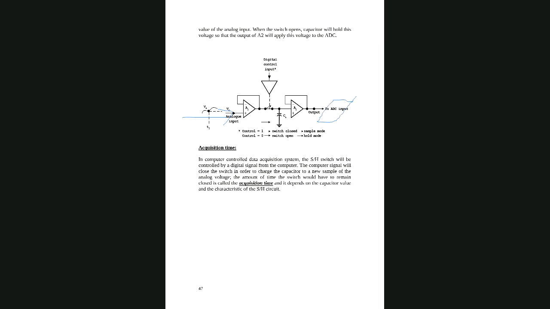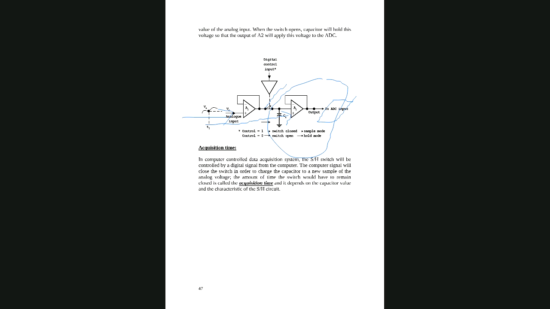This is what we control by sample and hold. Sample means the input is passed through, and hold means it takes some time, as per the conversion time, to convert. At that time, this is like a door.